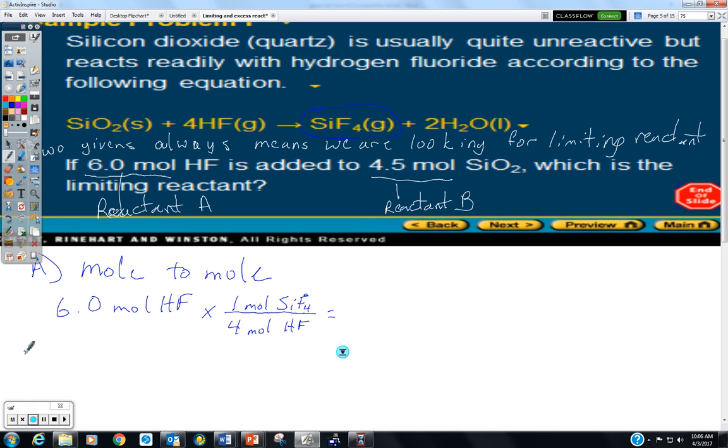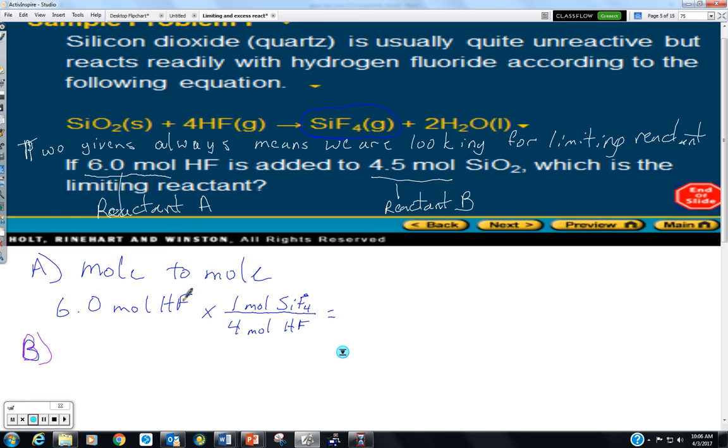It's done much the same way. Reactant B, we're going to take 4.5 moles of SiO2. And then we set up our mole ratio.